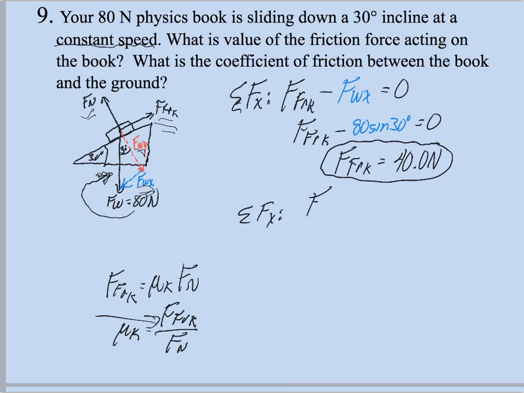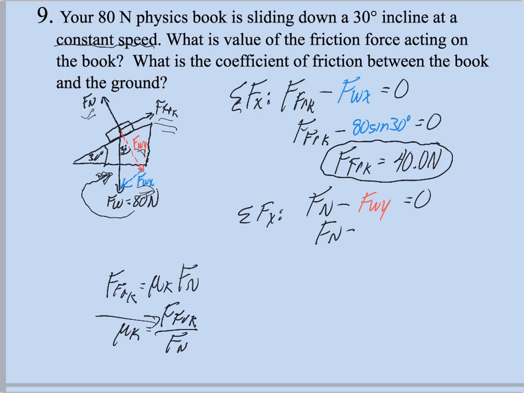Fn minus Fwy equals 0. Fn I don't know, but is there a way to solve for Fwy? Well, Fwy is adjacent to the 30 degrees, and I know the angle, I know the hypotenuse is 80.